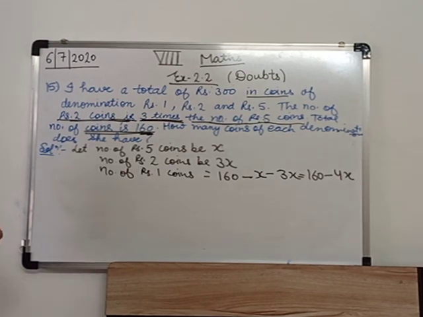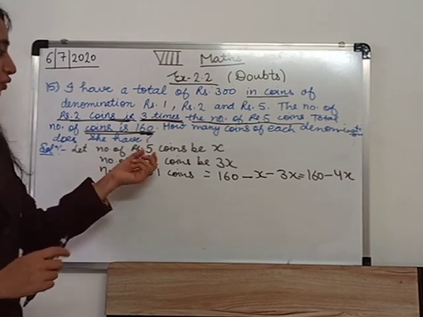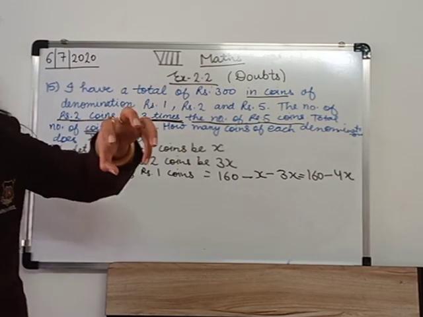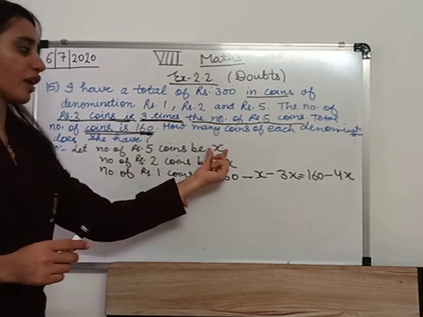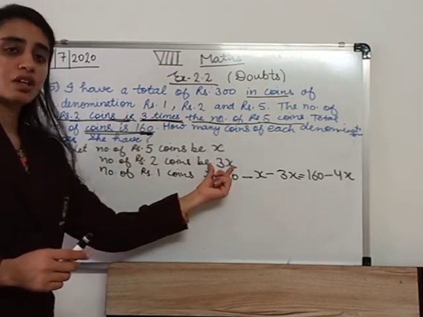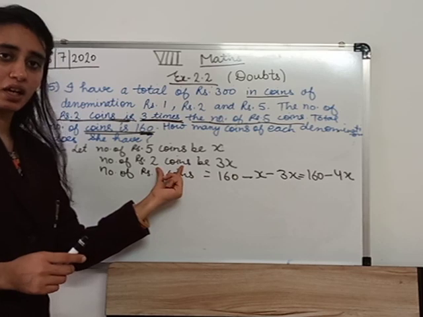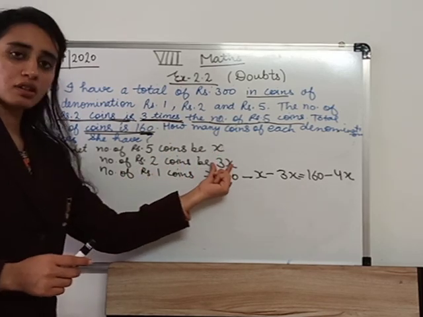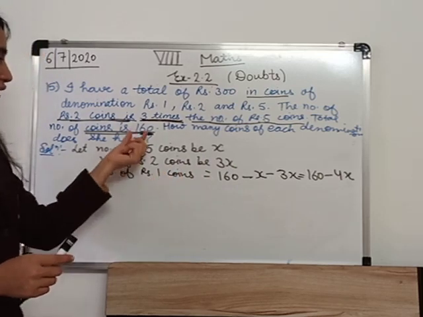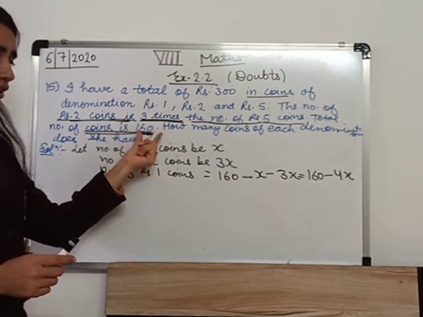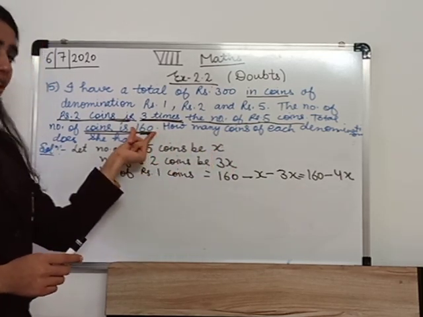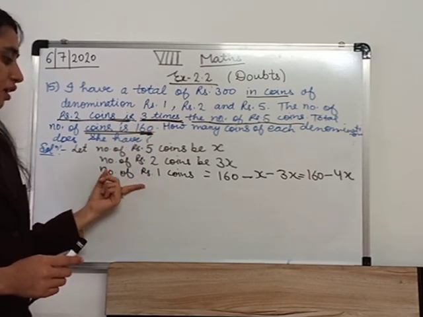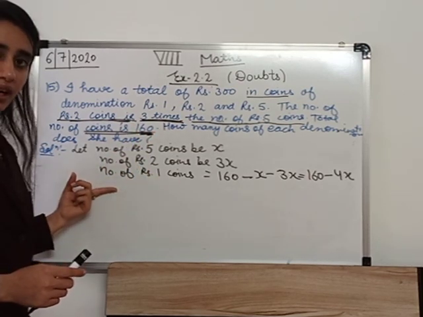Total coins is 160. Out of these 160 coins, some coins are 5 rupees, some are 2 rupees. So for 5 and 2 rupees coins we know x and 3x. After that we have to subtract these two from the total, then we get the number of rupees 1 coins.